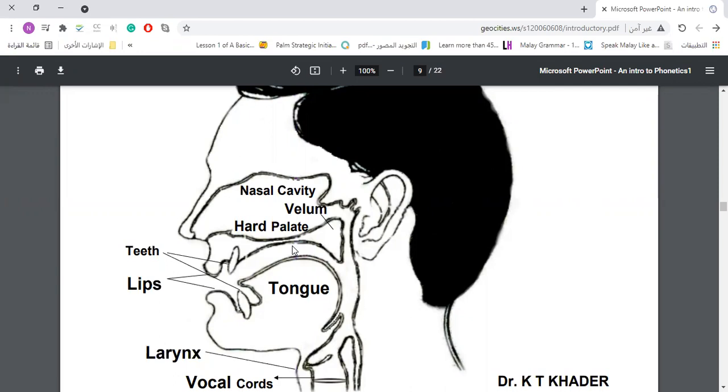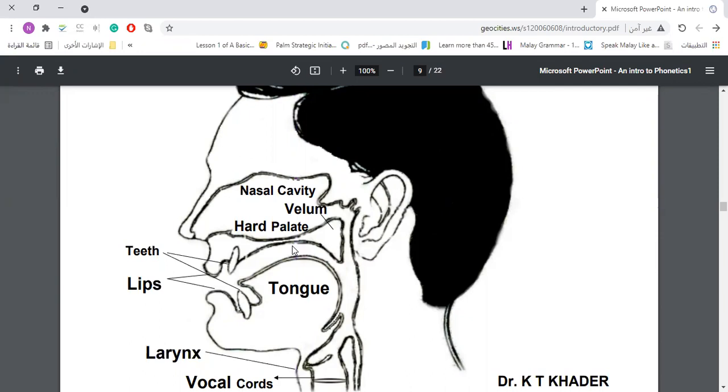Now, some may ask the question: we have the same organs used for the production of different sounds, so how is it that we have different sounds? This is a very good question. The answer lies in the fact that we have organs of speech, we have manner of articulation, and we also have place of articulation.